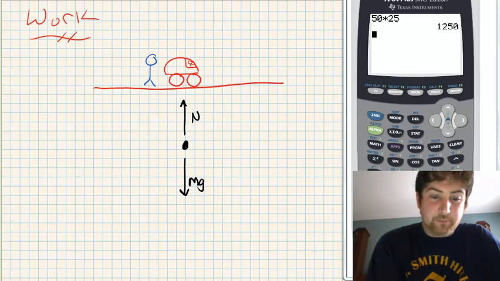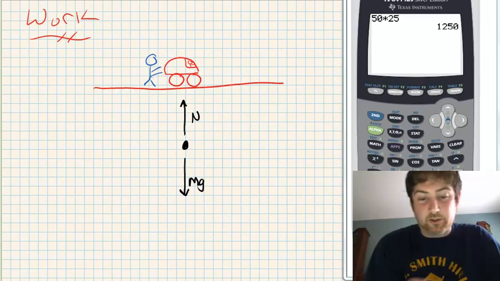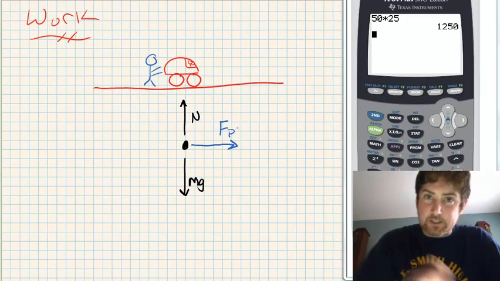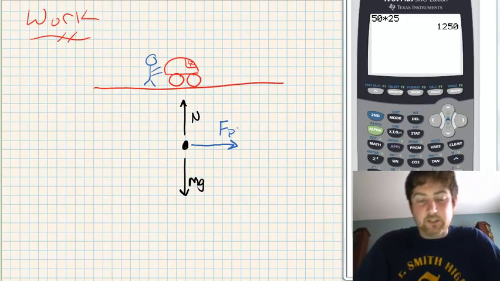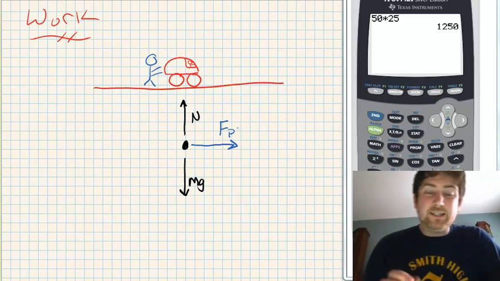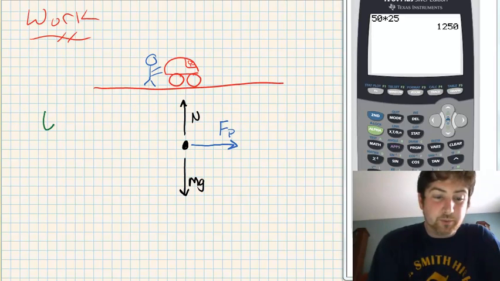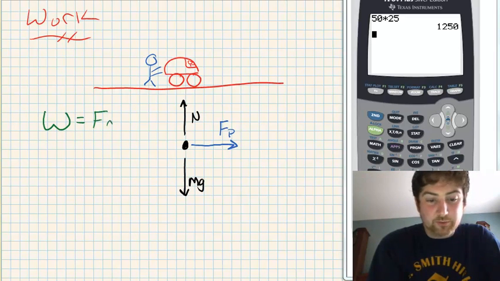If I get behind the car and push the car, I'm now adding a push in one direction, increasing the velocity of the car, giving it kinetic energy. We can calculate the amount of energy transferred from me to the car with the simple equation work equals force times distance.